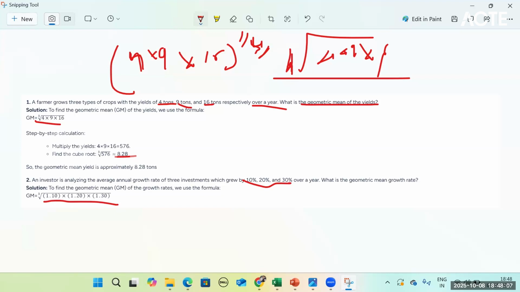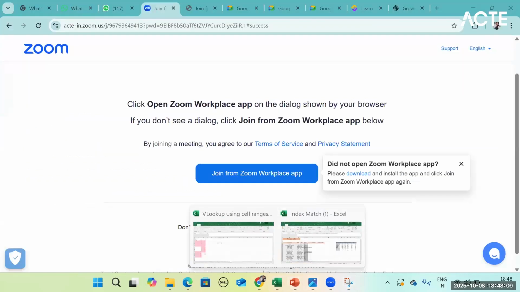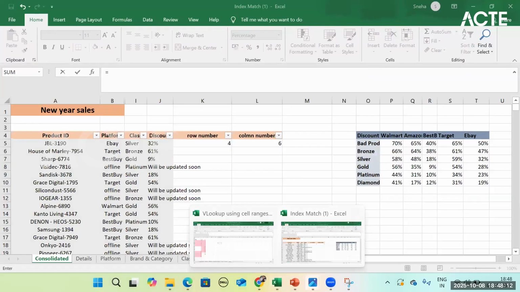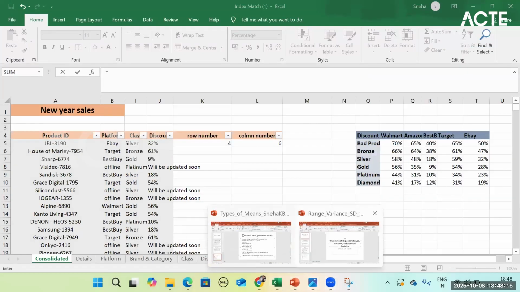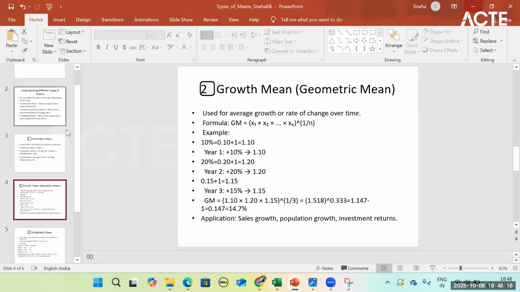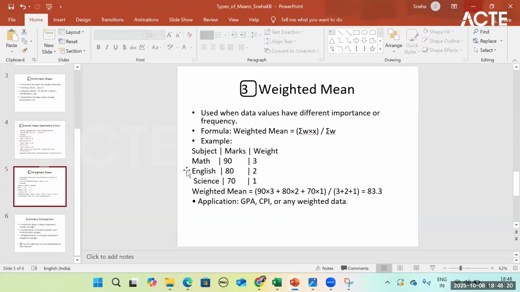Then we have one more mean, and I will take up that as well. This is growth mean, and then we have something called weighted mean. What is weighted mean? Each value carries a weight. For example, in your final result you have 2 minor exams and 1 major exam.